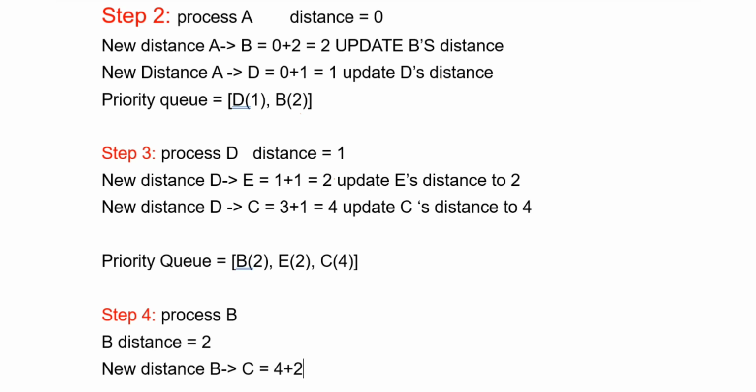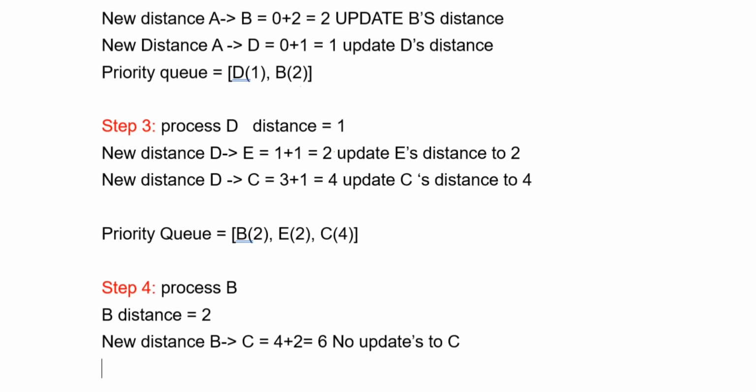For the neighbor C, the new distance is 4 plus 2, which is 6. Since 6 is greater than 4, there is no update to C. Now calculate B to D: the weight is 7, and 7 plus 2 is 9.